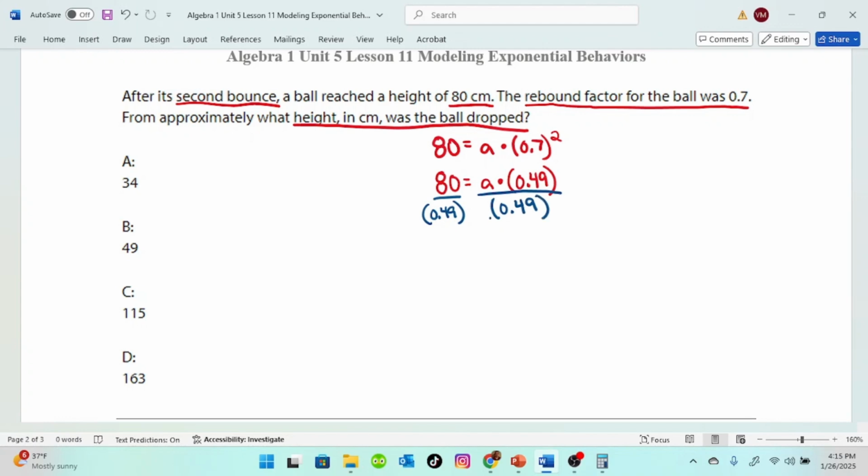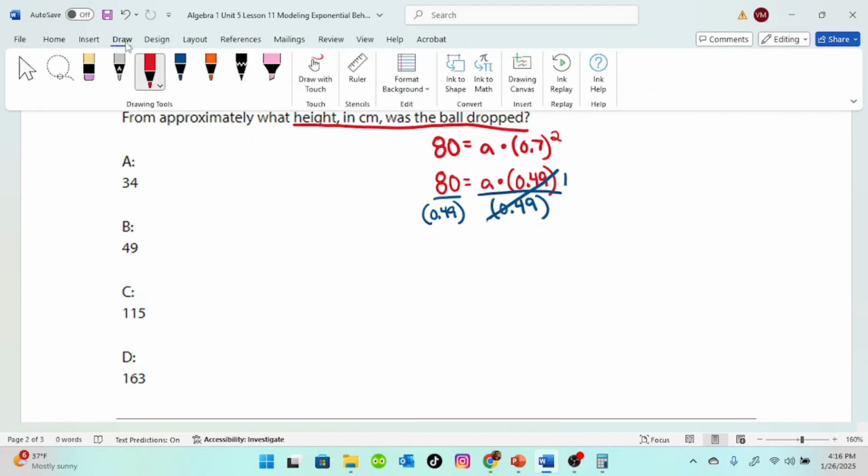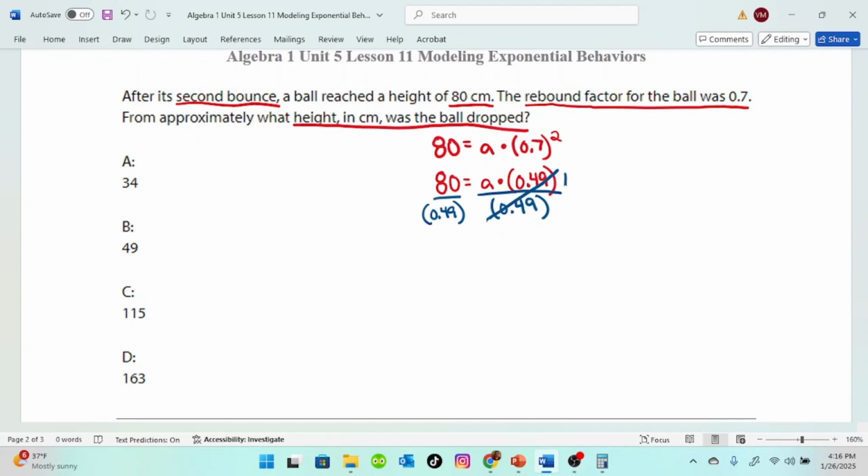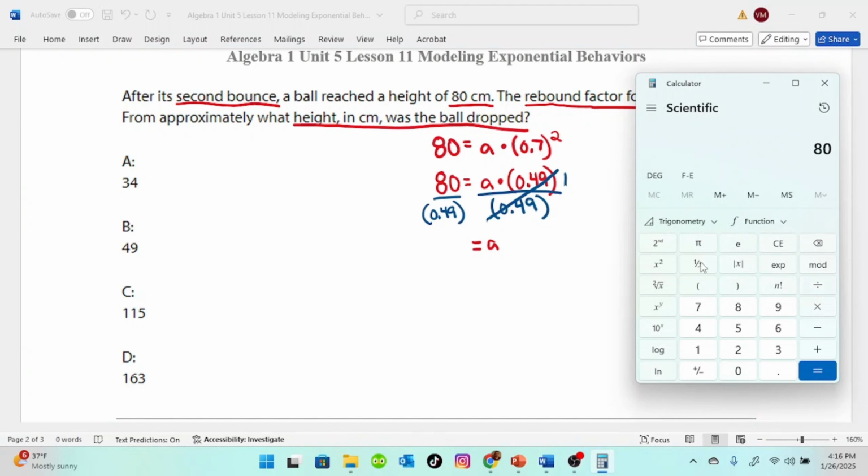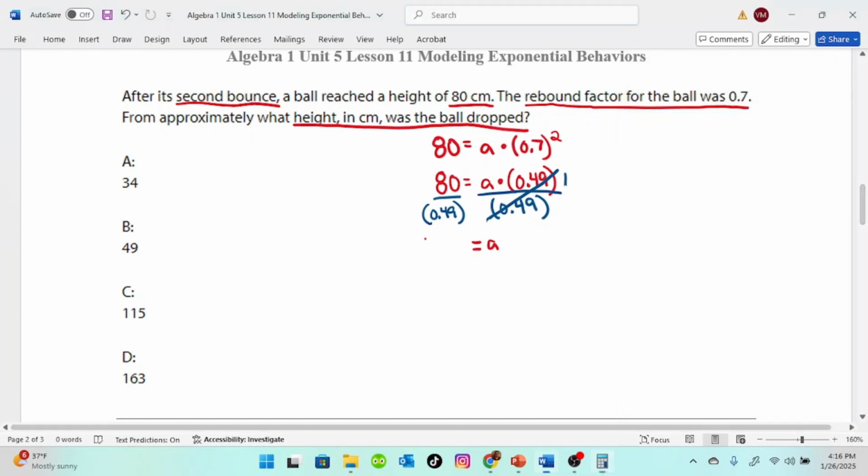When we do this, anything divided by itself becomes 1. So we just have A times 1 on the right, and that becomes A. And then on the left, we have 80 divided by 0.49. And if we round this, the 2 tells us to keep this at 163. And that matches answer D.